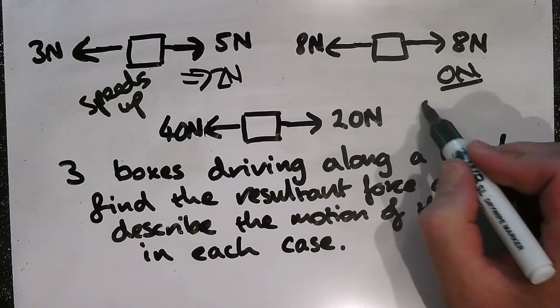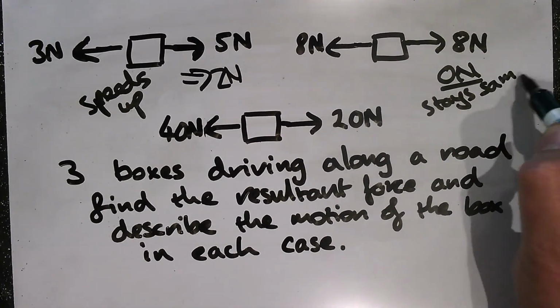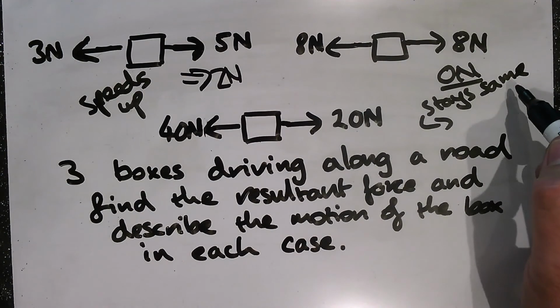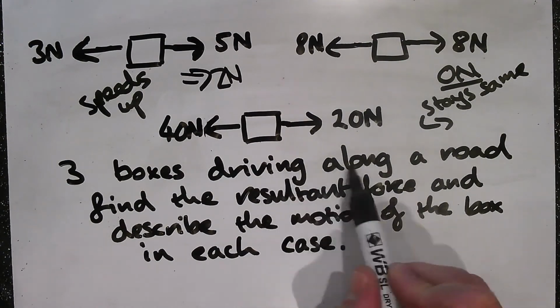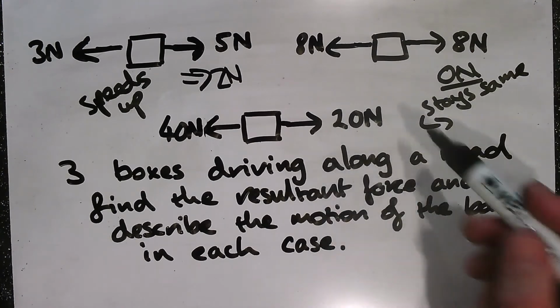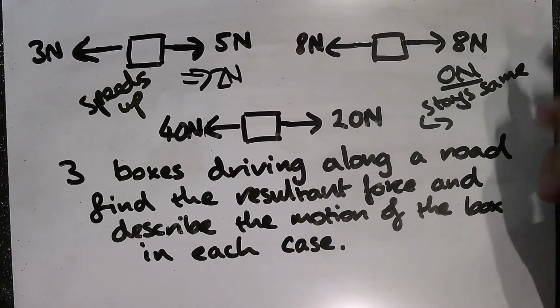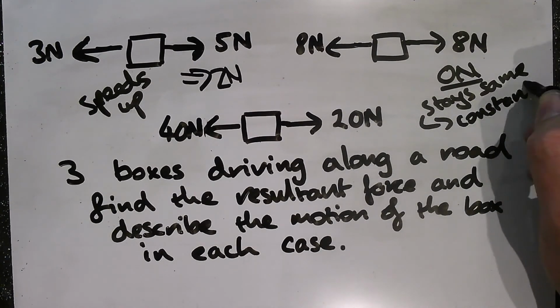Now this one, I would initially go with stays same. That won't get me any marks though. I need to describe what type of stays same it is. Now the question says it's driving along the road. Driving along implies the box is already moving. If it's already moving and it stays the same, then it's going to be a constant speed.